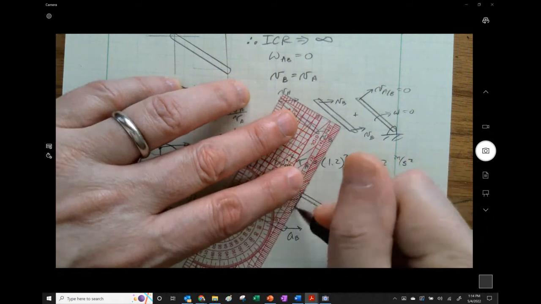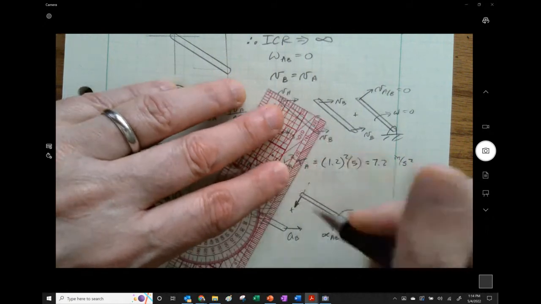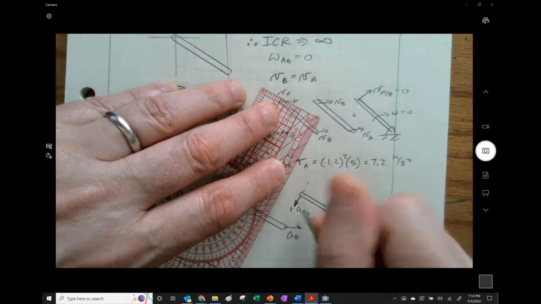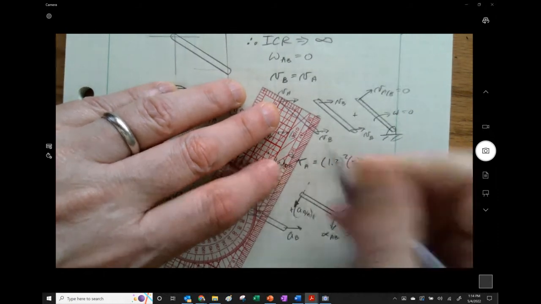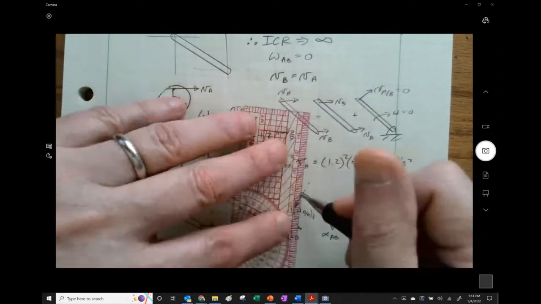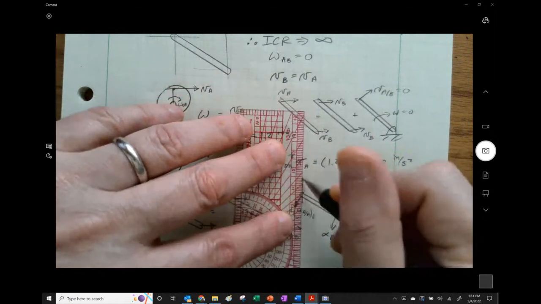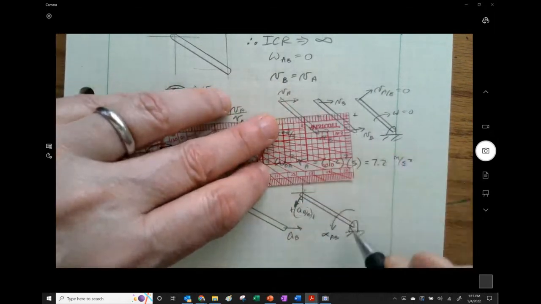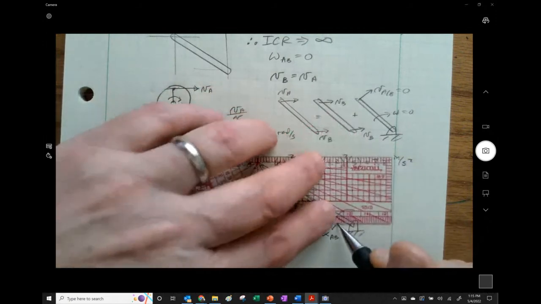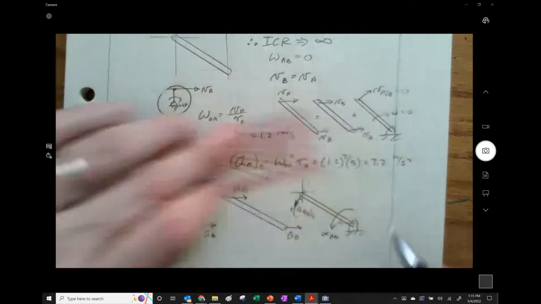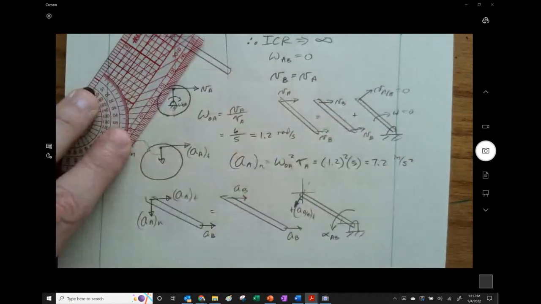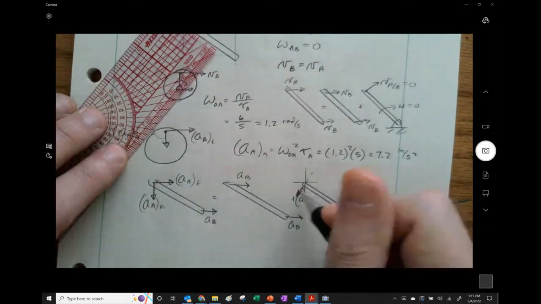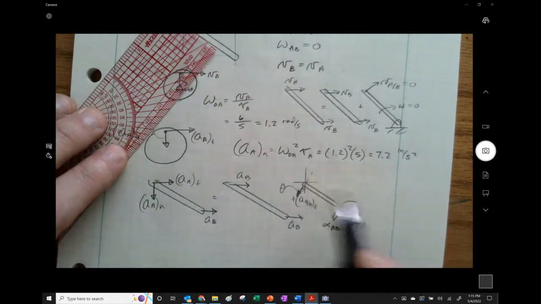And so that means this guy, acceleration of A with respect to B, tangent direction. And I think the angle I need to use for this is that guy right there is going to be the same as that angle right there. All right, so that's theta.